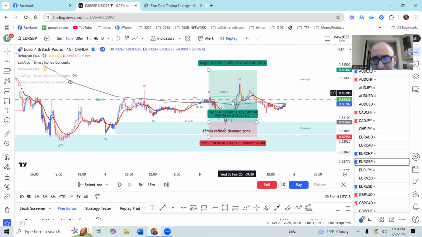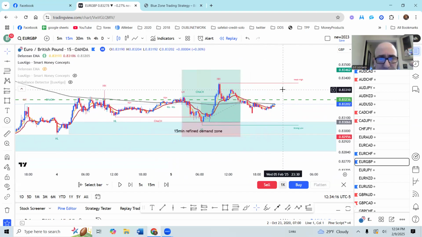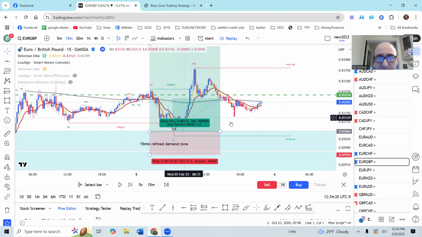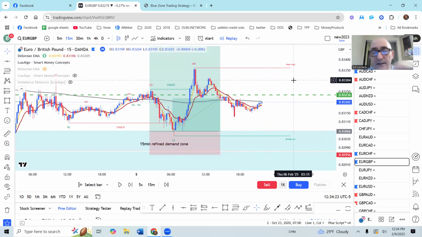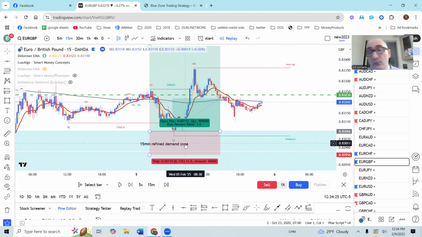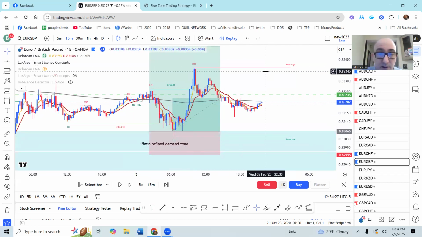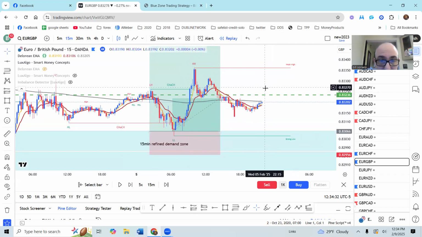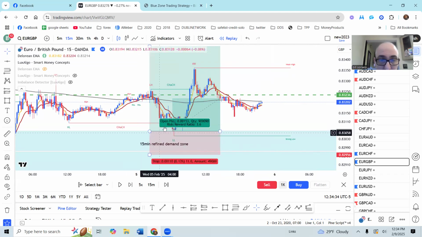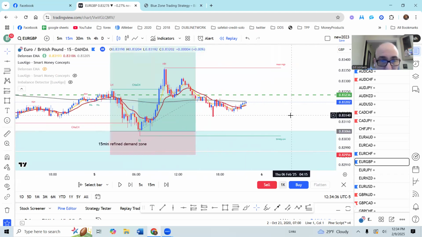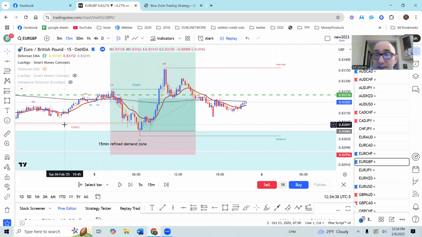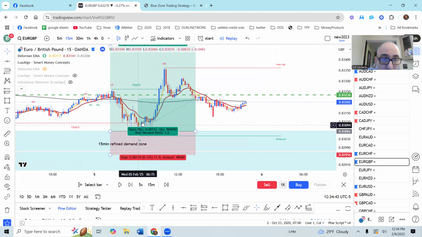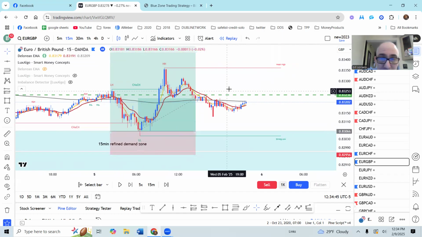Now what happens is because you get this break of structure to the upside, you now have another area possibly that you could trade from, right? But just in case you missed this one, or if you wanted to add on to your position. Okay, but what we could see here is the problem is we don't have any imbalance, right? So we have this potential supply zone down here, this new one on the 15-minute time frame. Okay, we have an impulsive candle, but we have no imbalances, right?